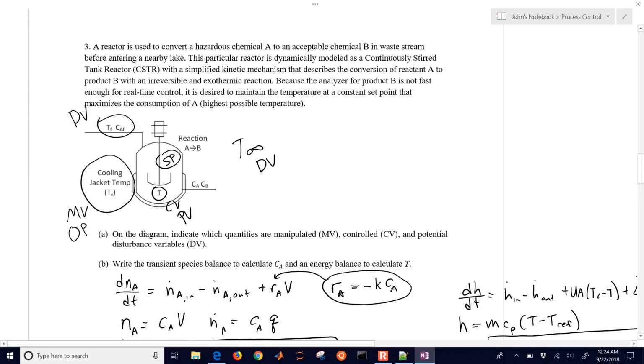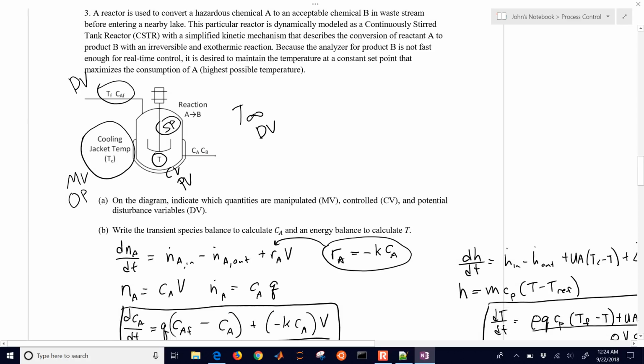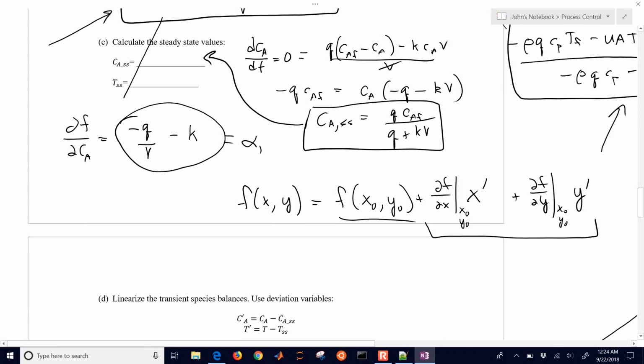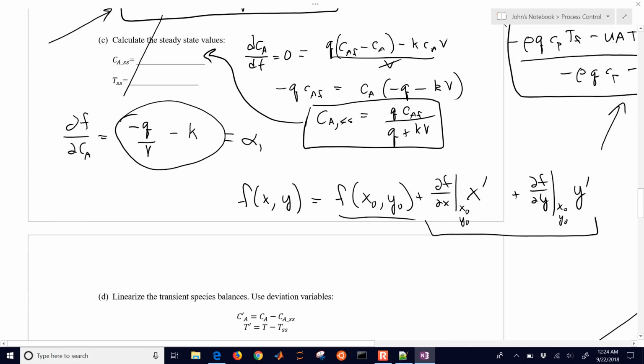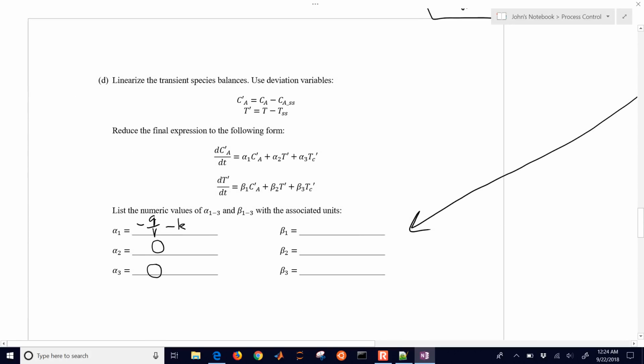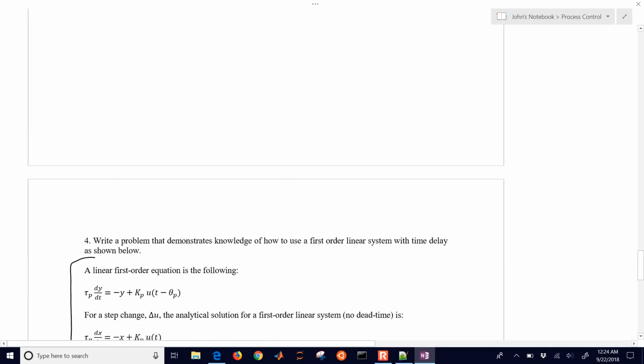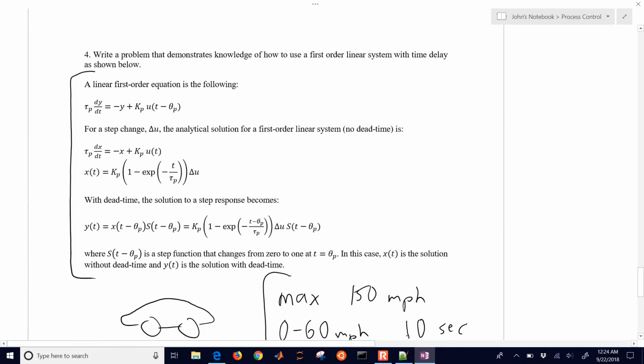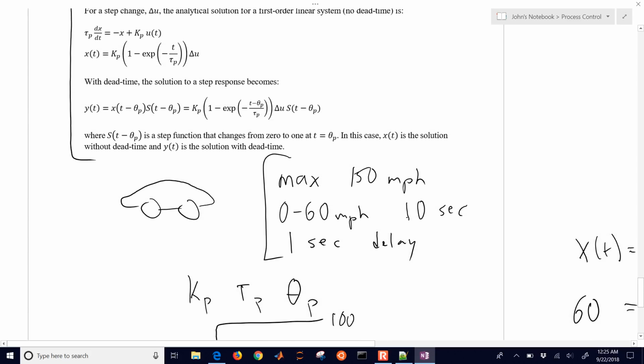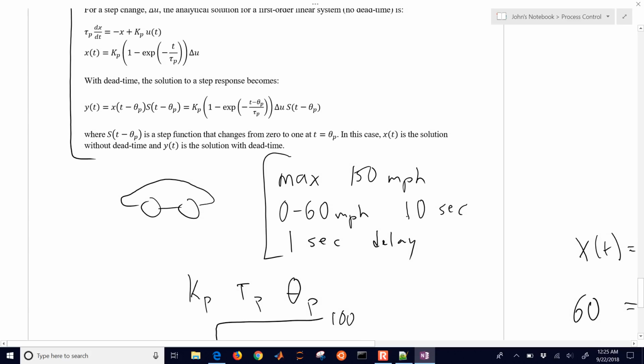This was from a species and an energy balance. We found the steady state values. We linearized those to come up with our final linear model. And the final thing we did was use some of these equations for the first order linear system and formulate a problem that helped us characterize the automobile performance based on something they might give you from an auto dealer.